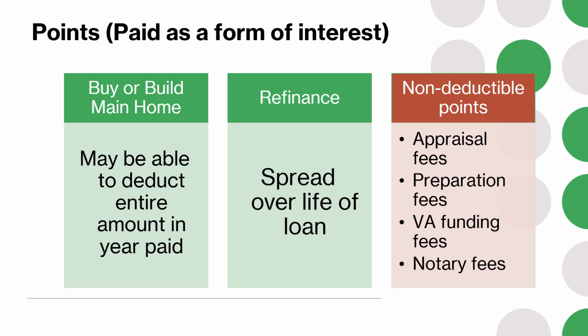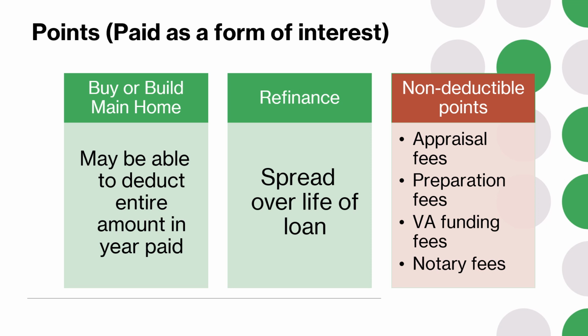However, sometimes homeowners refinance and it's not for a new home, they're just closing out the old loan and getting a new loan. And if that's the case and they pay some points in order to lower their interest rate, then when we report those points on the tax return, we have to spread out the deduction over the life of the loan.